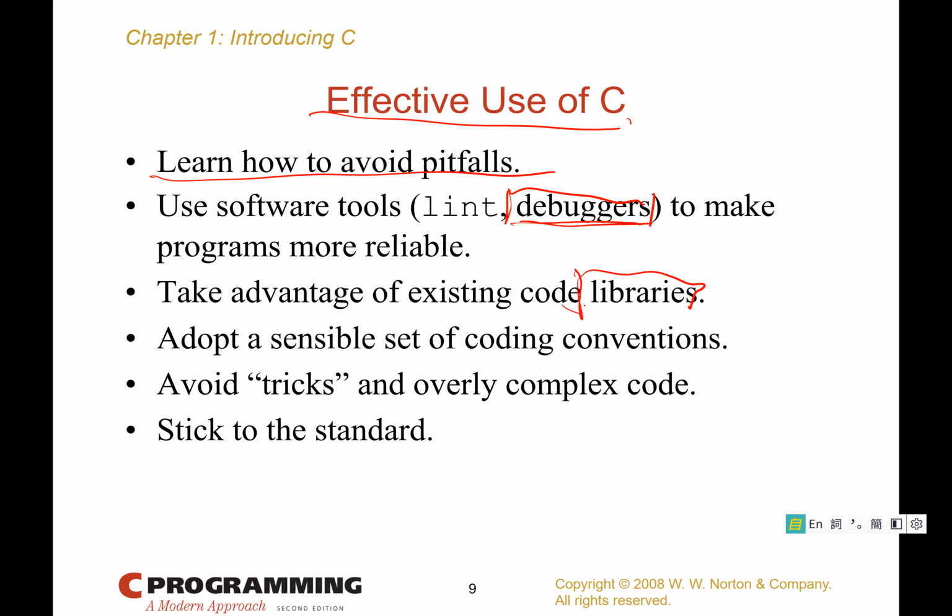Library, as I just mentioned. A library provides many functions provided by the software company, such as Microsoft Visual Studio, the C++ compiler, which can also compile C. And it provides many library functions.